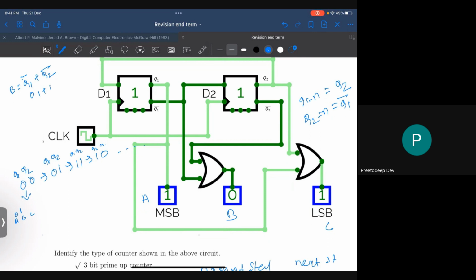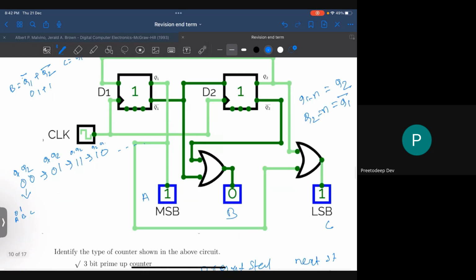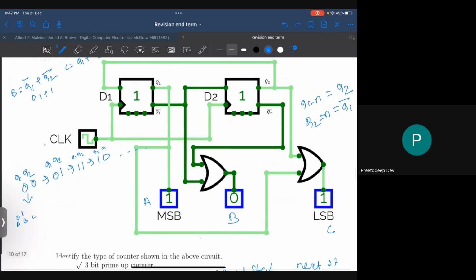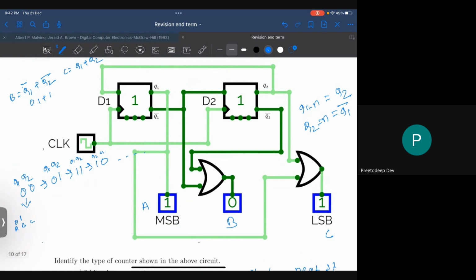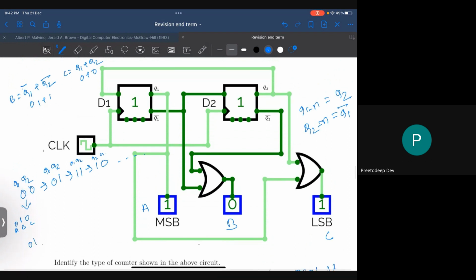And what is the value of c? C equal to q1 plus q2, correct? That's correct. So c will be 0 plus 0, it will be 0, right? So first is 0 1 0.